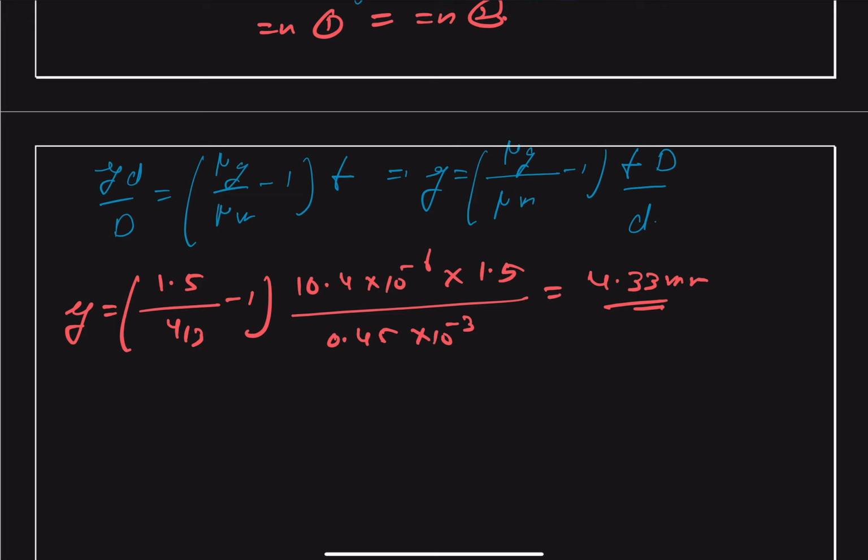Okay, so it means central maxima shift by 4.3 in the downward direction.